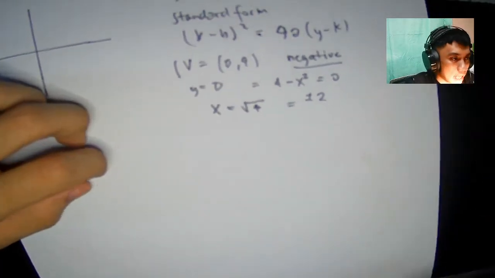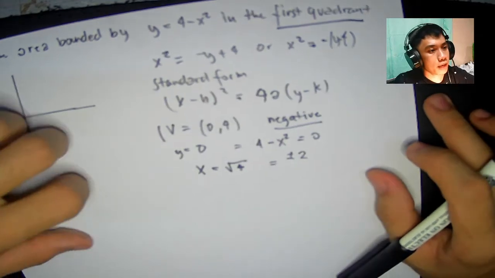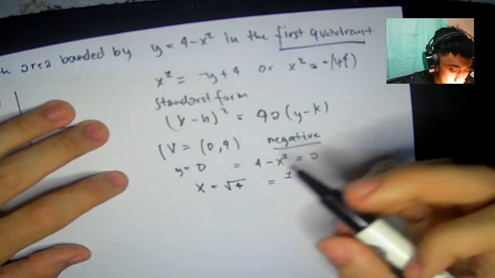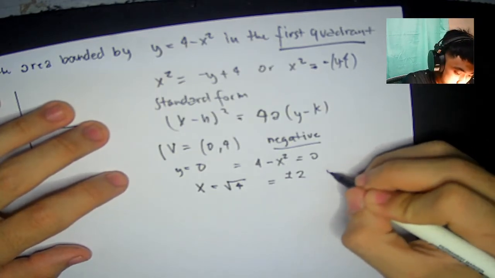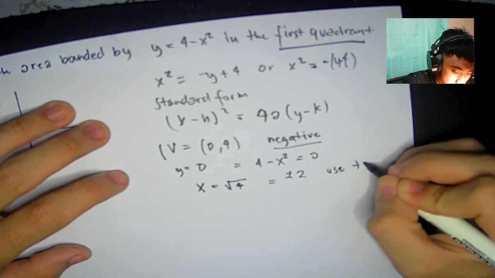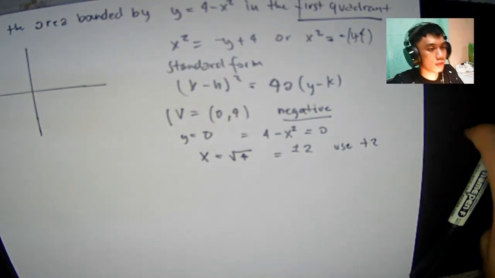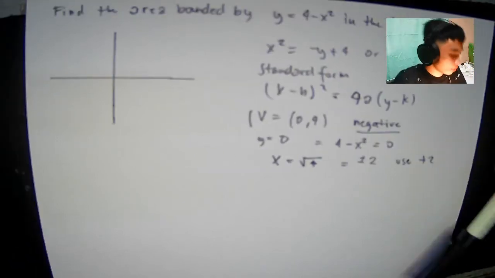But remember that the problem says it is in the first quadrant, so we're going to use positive 2, because the first quadrant is always positive for both x and y.